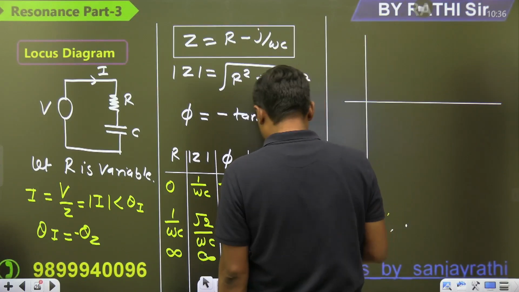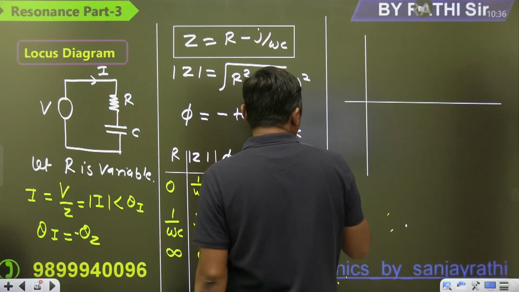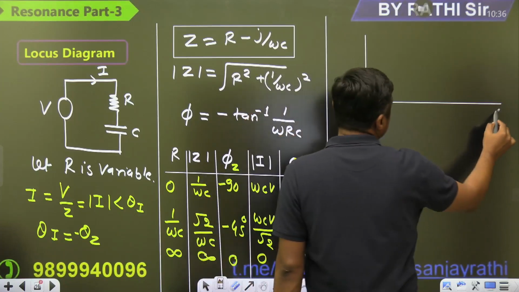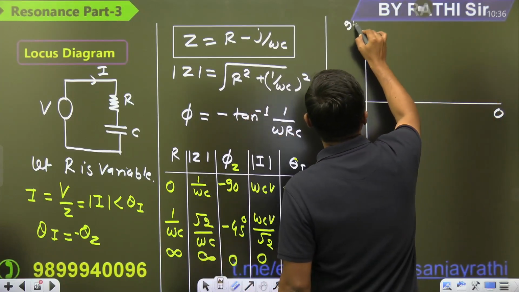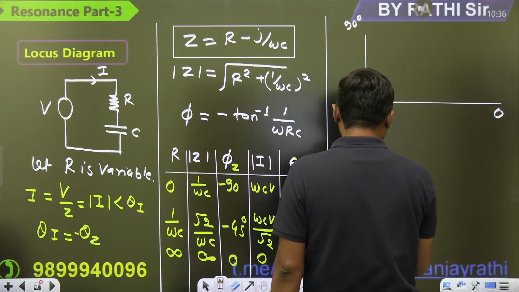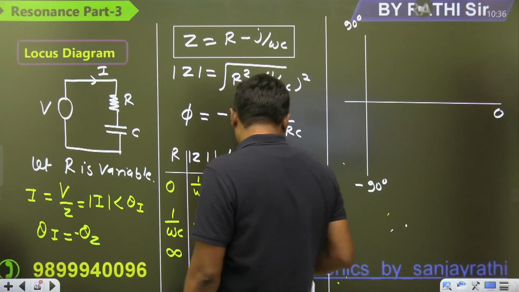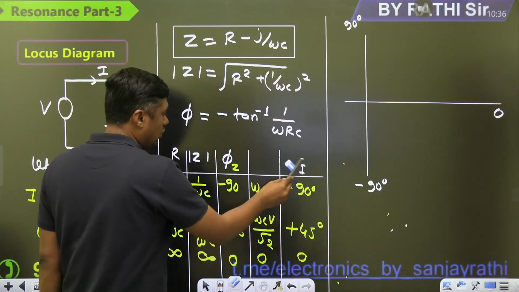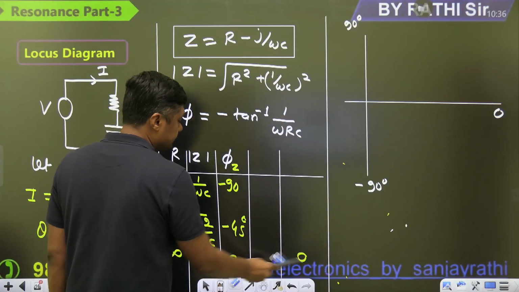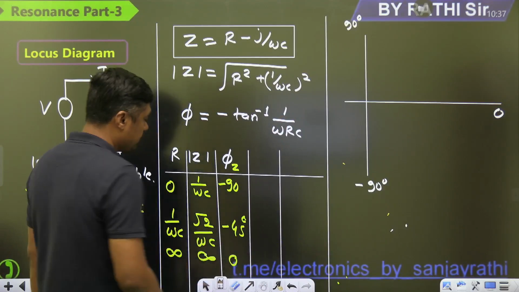Okay. Now, impedance. For example, if you want to plot the impedance, remember this is the 0 degree, this is the 90 degree, and this is minus 90 degree. Suppose you want to plot the impedance, you don't want to plot the current, then only impedance.